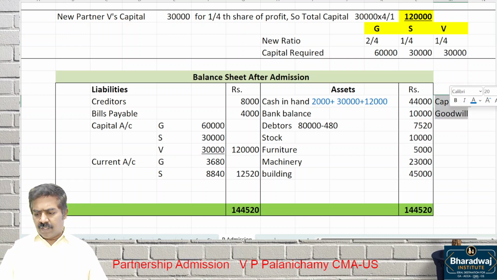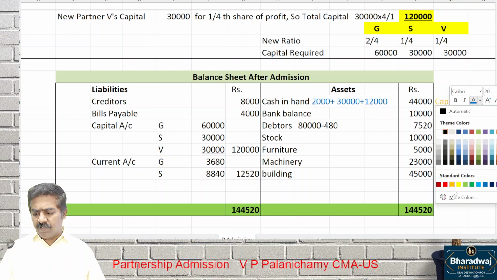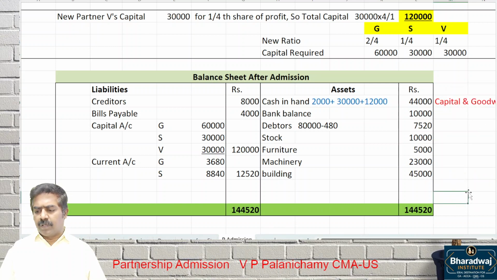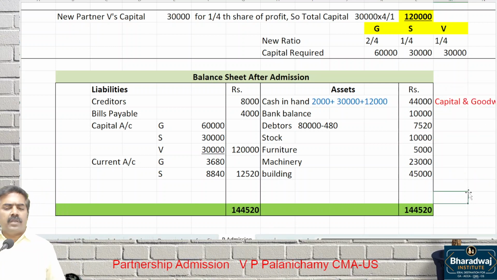So in the cash account, capital and goodwill are also included.